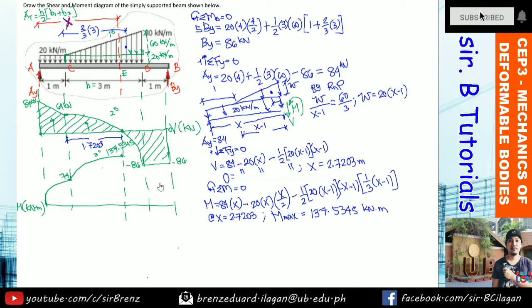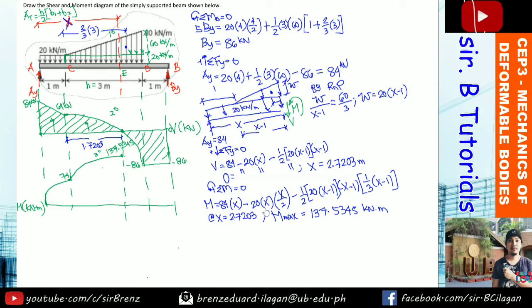Okay. And then last, next point will be for the segment E to D. So ang gagawin natin, just consider this equation. And then ang gagawin mo lang value ng x is at a distance of 1, 3. So magiging 4 lang. Okay, so 84 times 4. Ito tayo ha, ini-input ko lang. Pinalitan ko lang yung x ng 4, okay?